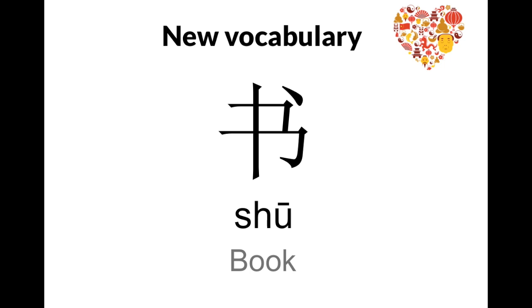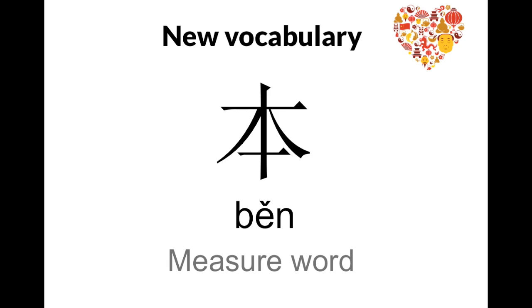And up until now, we've only known the measure word ge. And ge can always be used. But if you want to speak correctly, and you do, you should always try to use the correct measure word. And for books, that measure word is ben. So, to say one book, you say 一本书.